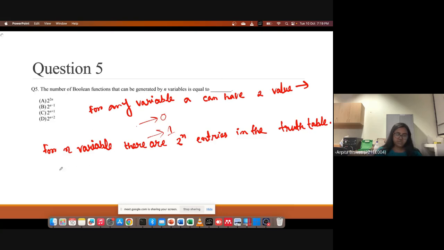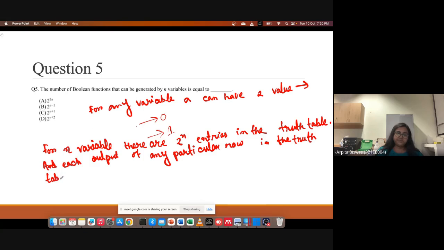And each output of any particular row in the truth table can be 0 or 1.